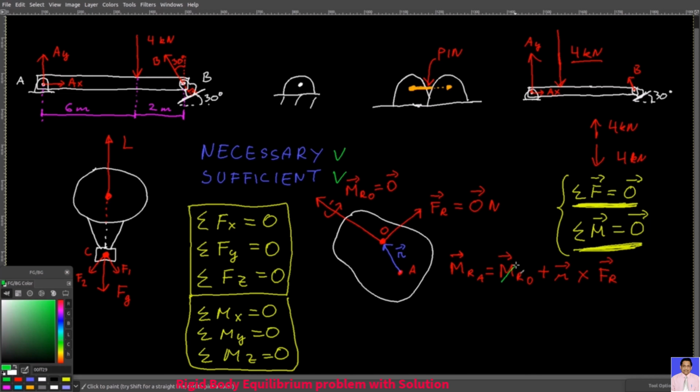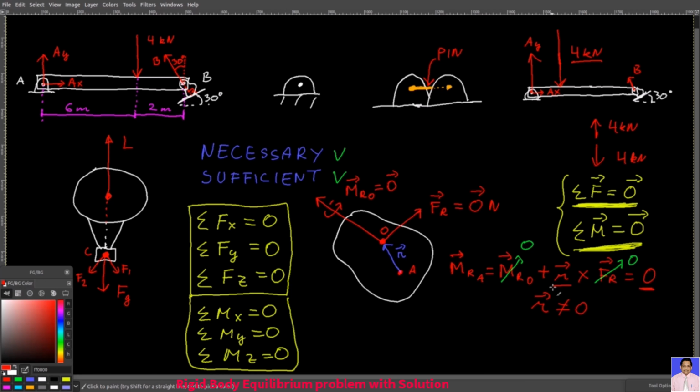But now remember, this one is 0, and your Fr is also 0. So your Mr about point A will still be 0. Even though your position vector is not 0, if you cross it with a force vector that is 0, then this entire second term will be 0. And then your first term is also 0. So you will end up with 0.